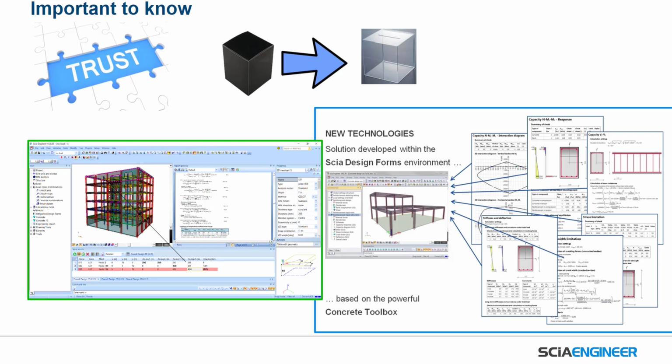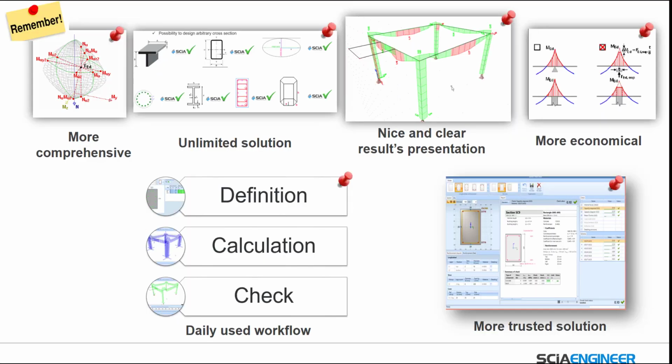And this can help you to understand your solution, or it could help you to make easier communication with other companies who are dealing with you. All these points I would like you to remember when you test SCIA Engineer, when you try to use SCIA Engineer, and I hope you enjoyed this webinar.